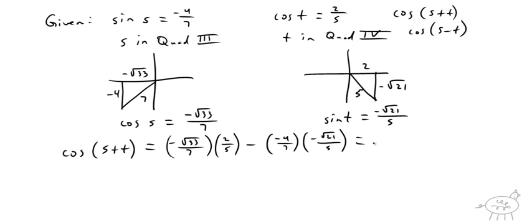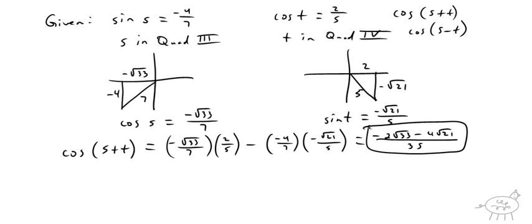Gosh, that was relatively easy. So we're going to get negative 2 root 33. Same denominators, right? We got 35 on the bottom. So negative 2 root 33 minus, because it's 3 negatives, so watch your signs, minus 4 root 21 over 35. Can't simplify it anymore, so that's it.